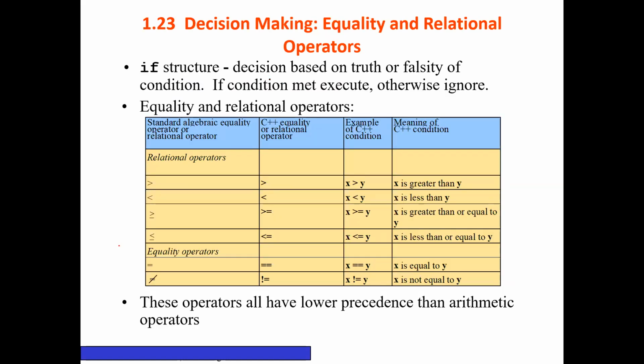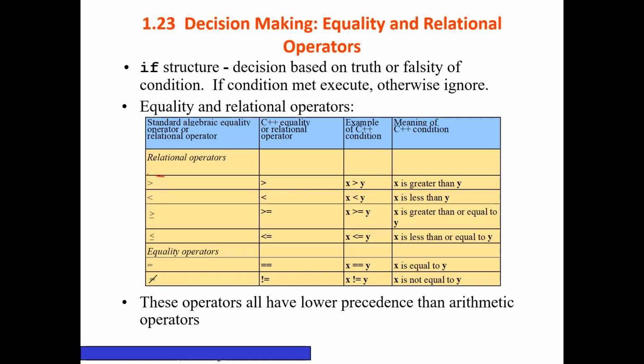Then after arithmetic expressions, we have relational operators for comparing values. This comparison involves checking whether the value of a variable is greater than the value of another variable, whether it is less than, greater than or equal to, less than or equal to, or not equal to.